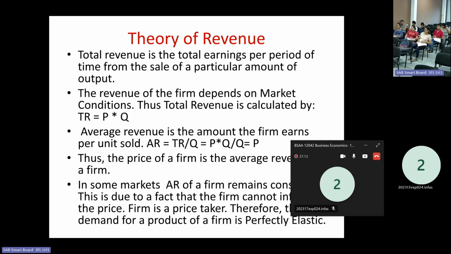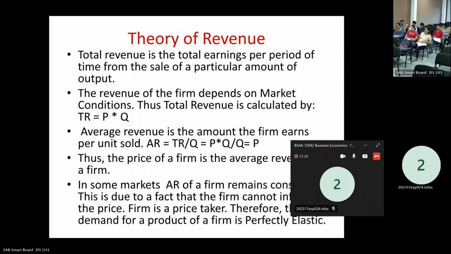So we can say the total revenue of the firm depends on the market condition. The market determines the price and the quantity. According to demand and supply, the price is determined, that is the market clearing price, and the respective quantity also.